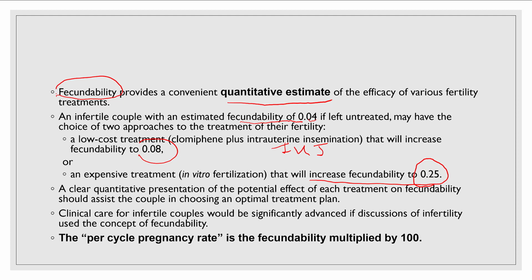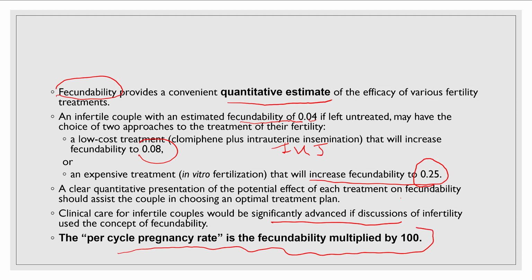You discuss, you provide the information and then discuss with them various outcomes, how it will improve their chances, and then come to a calculated or accepted treatment based on their understanding. So it improves our discussion, and you can always give them an estimate of their per cycle pregnancy rate.